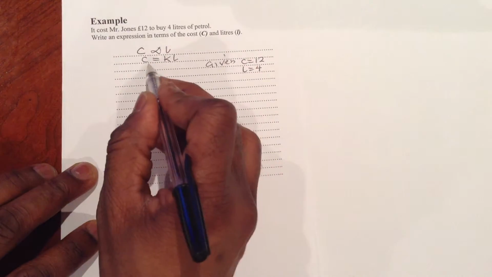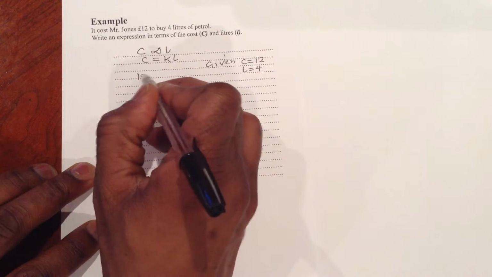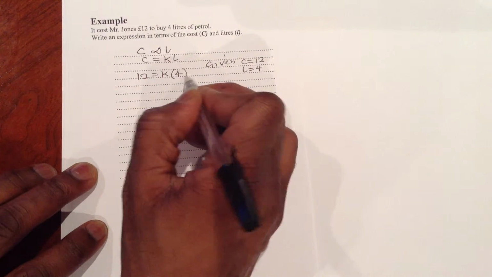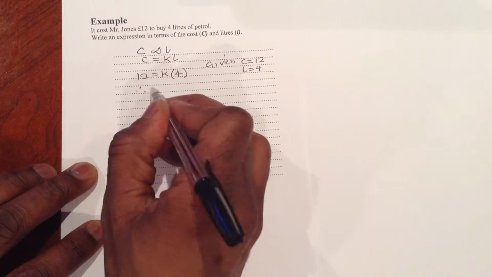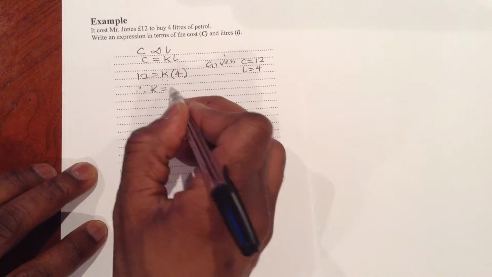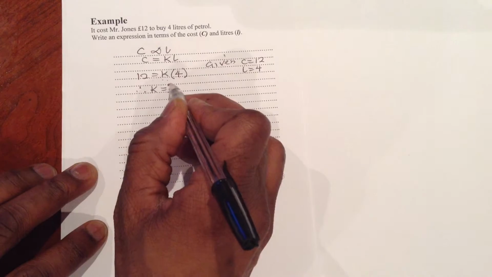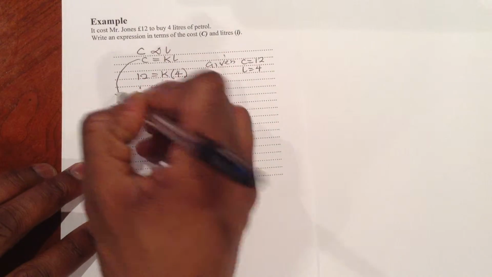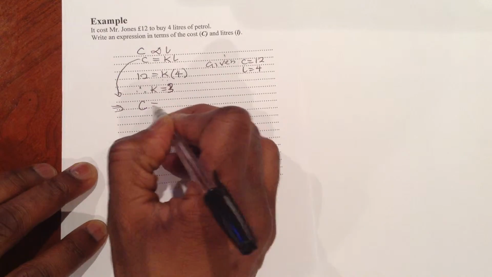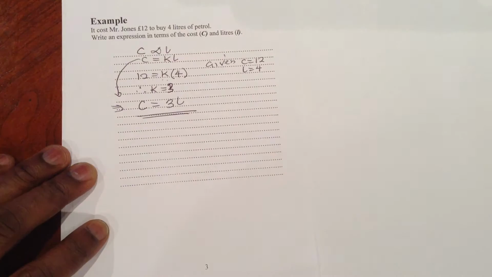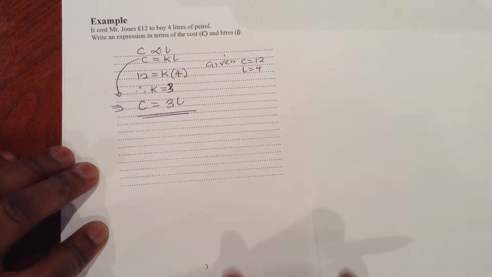So we substitute that in here. That means that 12 equals a constant times 4. Therefore, K is 3 because 4 times 3 is 12. That implies that our formula should therefore be C equals 3L. This is our formula, so that is C in terms of L.